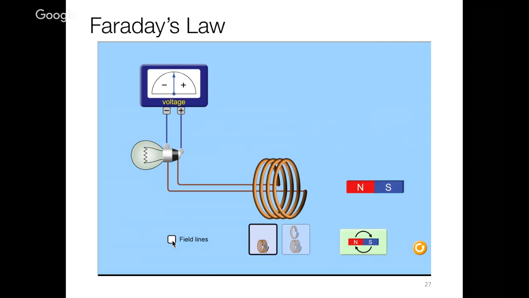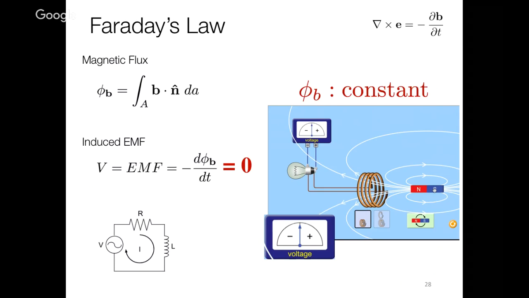Right now, everything is static. There is a magnetic field here everywhere, but nothing's changing. So if I look to see what's happening here, it's a complete nothing. Nothing is going on. Just to plot things out in a little more detail, here are the magnetic field lines going like this, and I'm going to introduce something called the magnetic flux.